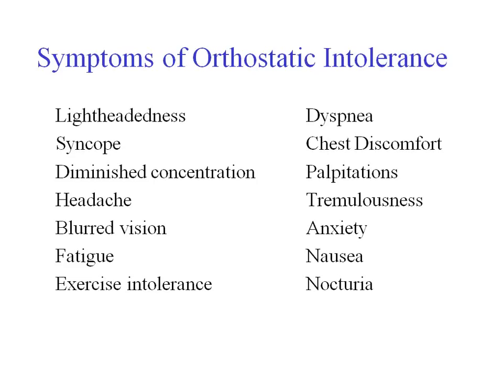So those include palpitations, tremulousness, and anxiety. You can see nausea and urinary problems at night, or nocturia, as well. Many people also with orthostatic intolerance have temperature regulation problems. They feel cold all the time, or they get hot flashes, and these are probably related to the catecholamine surges that occur.